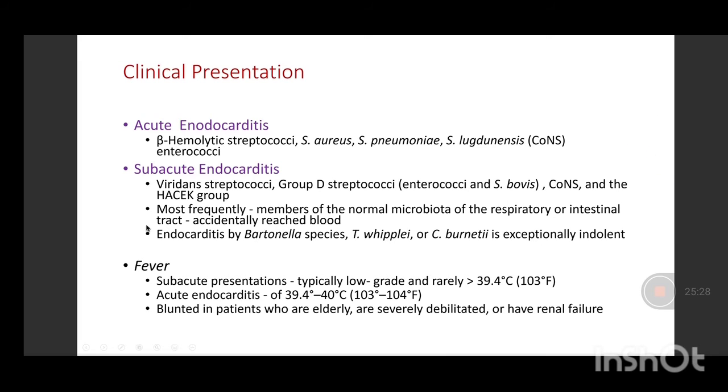This tissue destruction generally leads to what we call a murmur, which we have already discussed.